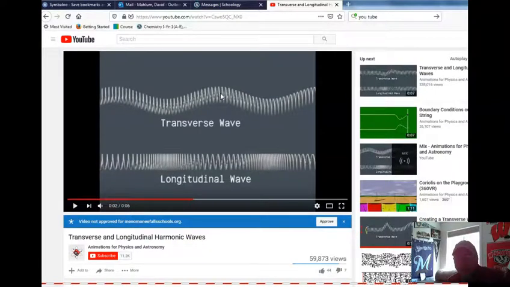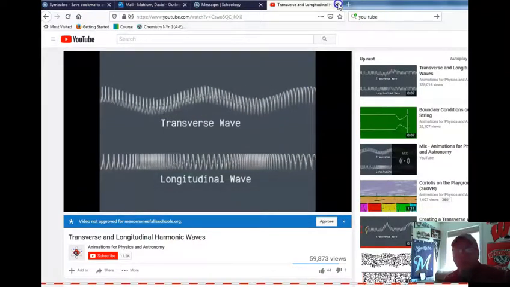Here's a crest, here's a trough. So the crest seems to kind of correlate with the rarefaction and the trough. I mean, it's not ideal like that, but you have a spot where it's together and then thinned out, and you have a spot where it's up and then a spot where it's down. So that is true for the two waves.